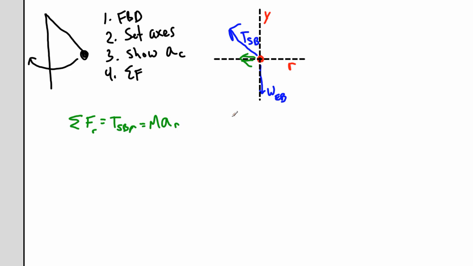Either one of those is fine. And then along the y-axis, we have the tension, string on ball in the y direction, minus earth on ball, and that'll equal MAY, which in this case is 0.